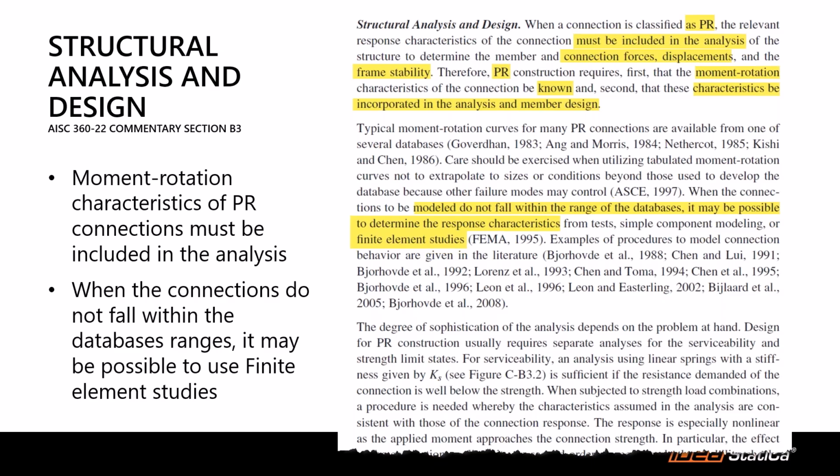So you get the real information into the analysis, and then you can determine the member and connection forces, displacements, and the frame stability, right? So it's basically saying that if you have a PR connection, then you need to incorporate the characteristics, meaning the moment rotation curve, into your analysis, right?